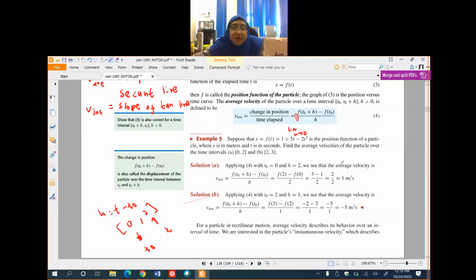That one is for the slope of the tangent line. For the instantaneous velocity, this is for the slope of the tangent line instead of the secant line.